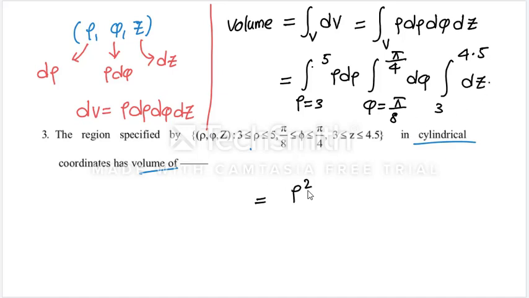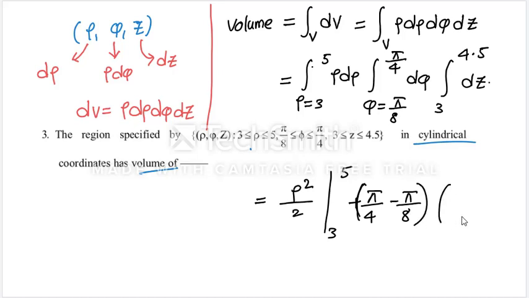Simplifying, this is rho square by 2 with limits 3 to 5, into pi by 4 minus pi by 8, and 4.5 minus 3 means 1.5. Simplify and get the answer.